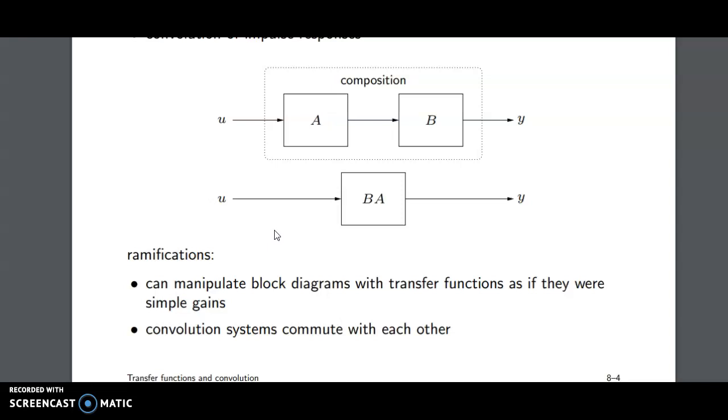The main idea is to know what a transfer function is: the ratio of the Laplace transform of the output divided by the Laplace transform of the input, with initial conditions 0.